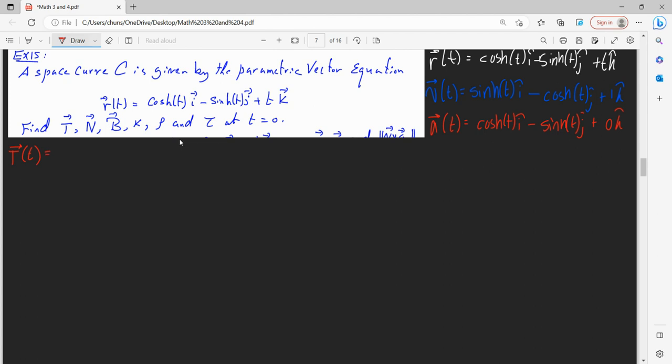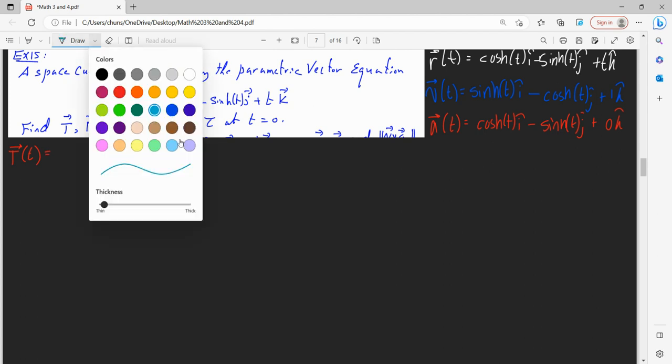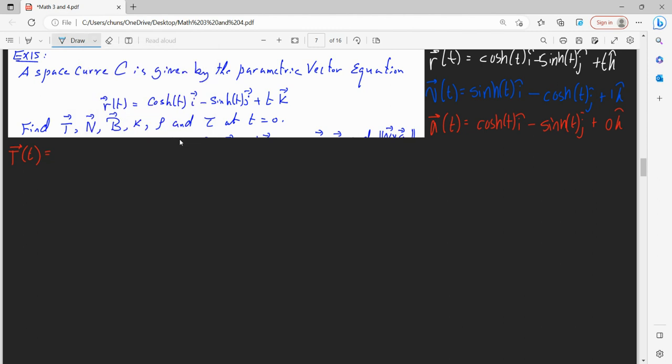So I'm going to do one more thing. Let's do speed, which is equal to the square root of sinh squared plus cosh squared plus 1, and this identity here is equal to 1. So that just equals square root of 2.